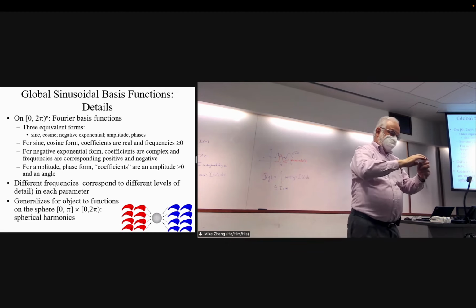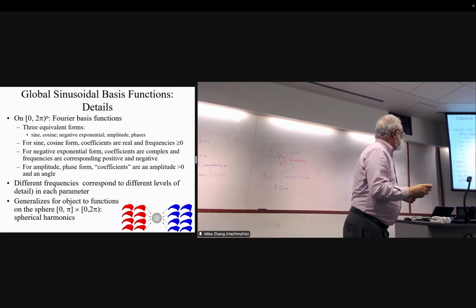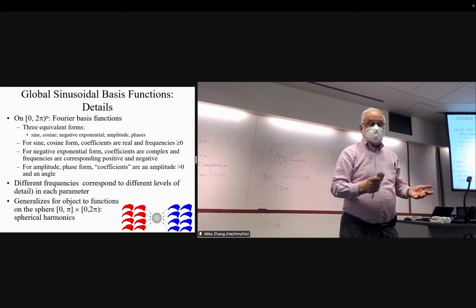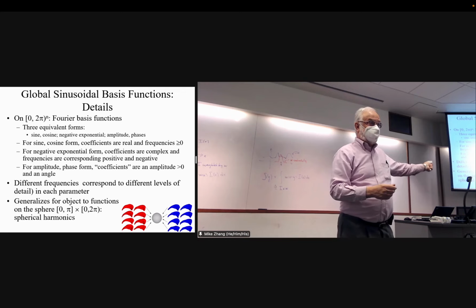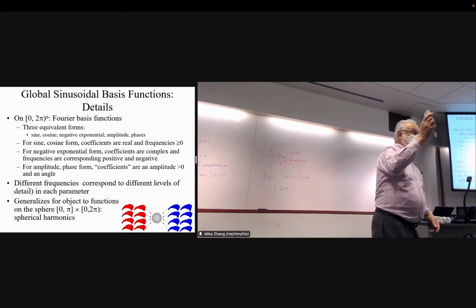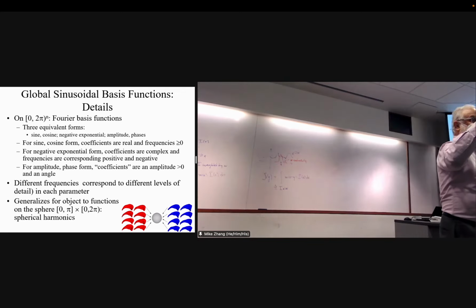And that mapping is just x as a function of positions on the sphere, y as a function of positions on the sphere, z as a function of positions on the sphere.